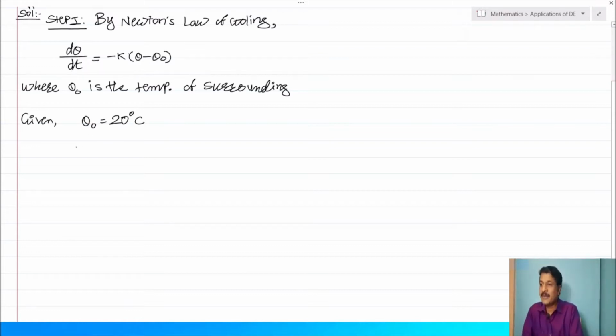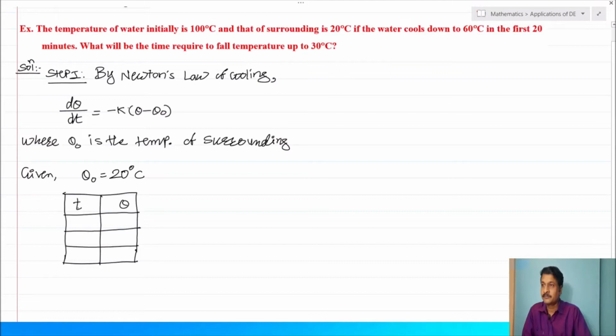So by the given values I can make this table, that is t and theta. The temperature of water initially is 100 degrees Celsius. It means that this is 100 degrees Celsius initially, means time is 0, so the temperature was 100 degrees Celsius.